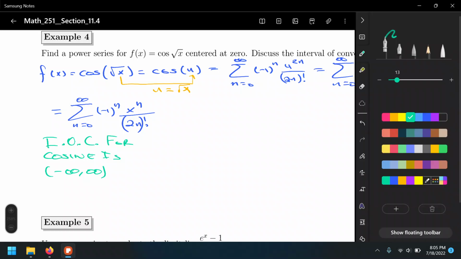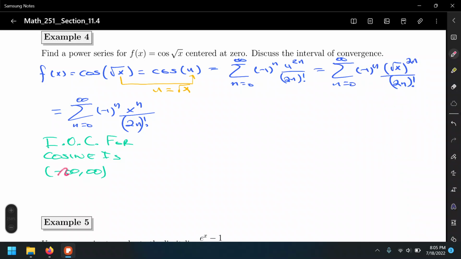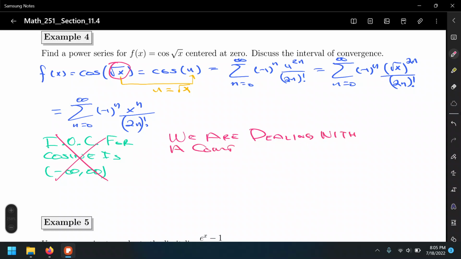However, be careful with the function that we are dealing with. This is not going to be true here, because we are dealing with a composition involving the square root of x, and this function has restrictions.